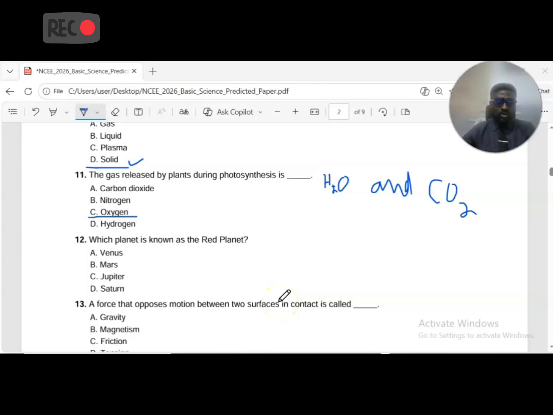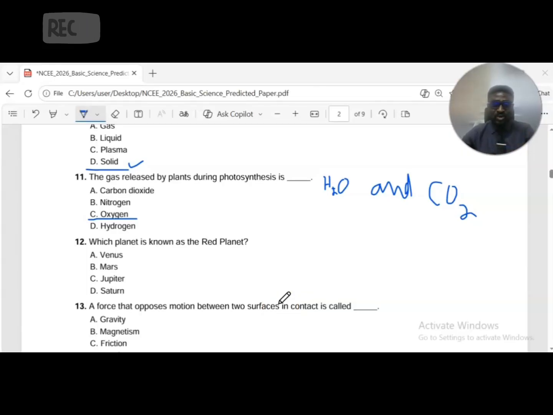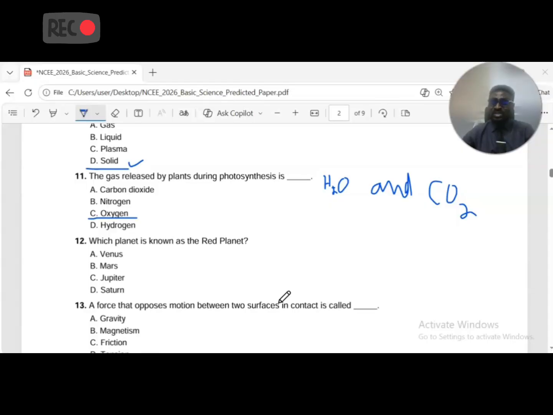Question 12 goes, which planet is known as the red planet based on coloration? Is it A, Venus, B, Mars, C, Jupiter, D, Saturn? Remember the solar system and the 8 planets that revolve and rotate around the sun? Yes, you must know their characteristics, their distance from the sun, and specific features relatable to them.